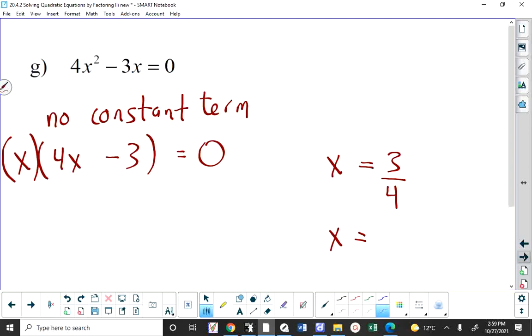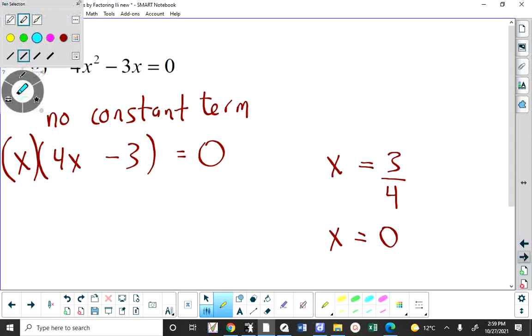One is a common guess. It's not 1. It is 0. Because how do we get the x equals 3/4? You say to yourself that this factor in blue times this factor in green has to be 0.